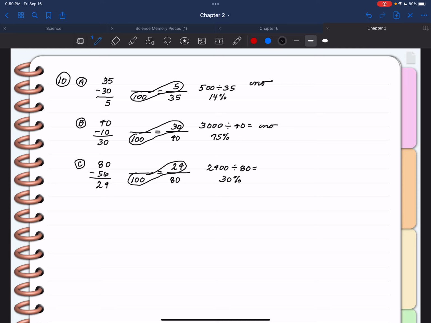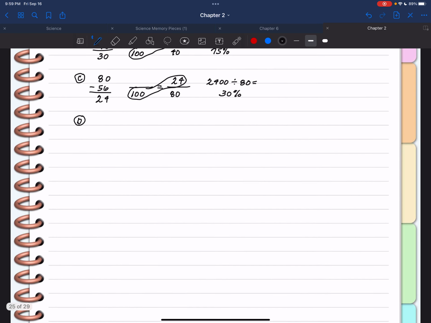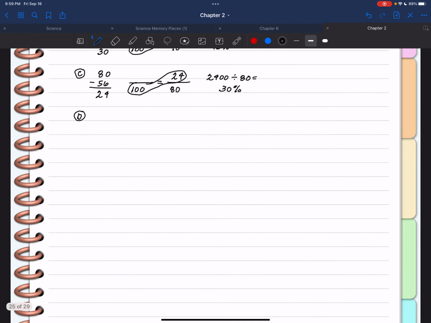I think it's that one, but let's try them all. The height of a burning candle decreased by 30 millimeters. Well, that one is not enough information. I don't know how tall the candle was to start with, so I can't even do a percentage on this one. So that's not the choice that I need.